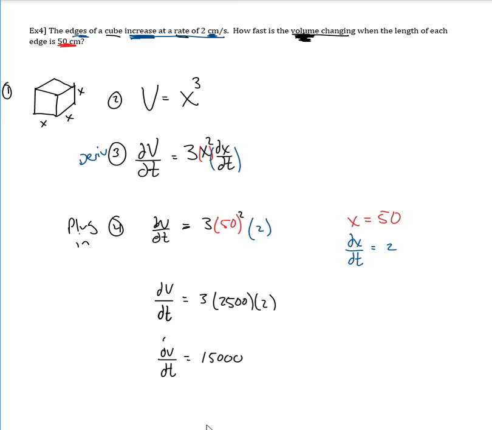And then the units for it. So this is dv dt. Again, I would want to make sure that I have the correct units. Now, one way to get the units is to think, hey, what's our unit for volume in this problem? Well, if my edges are in centimeters, the unit for volume would be centimeters cubed. And then per, what's the unit of time? Well, it looks like the time is in seconds. So it's centimeters cubed per second.